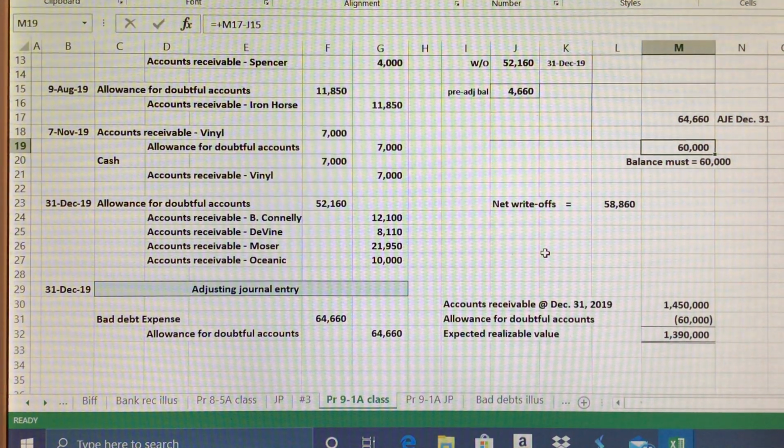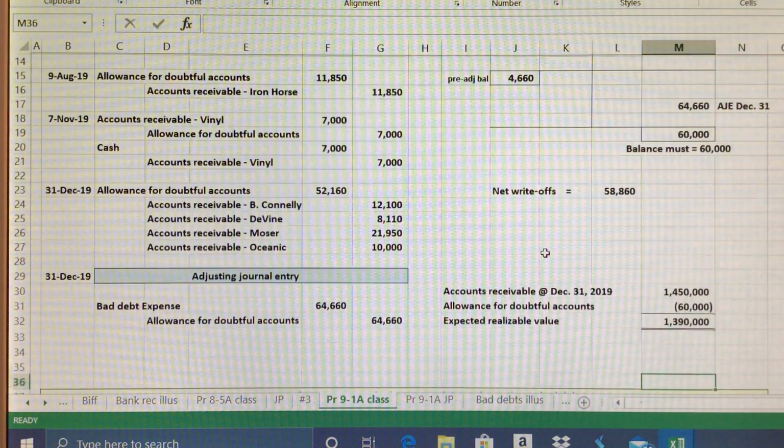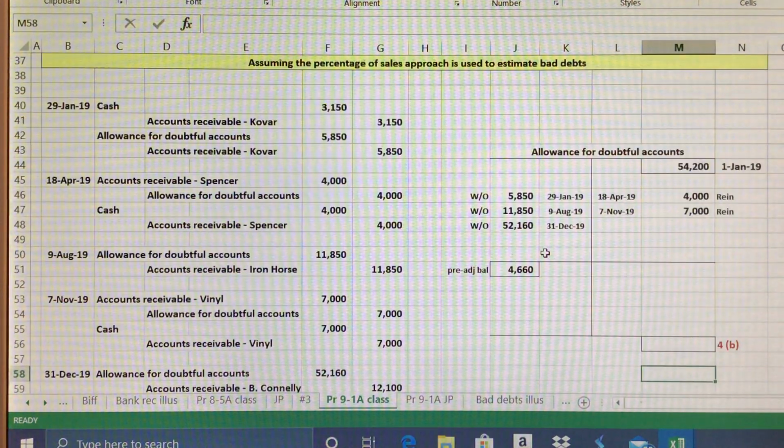It's a little different when you use the percentage of sales method, which we're going to deal with, which is instruction number 4 in this problem. Okay, so I think I already copied all the stuff down below, so let's see what this looks like. Well, look at that.